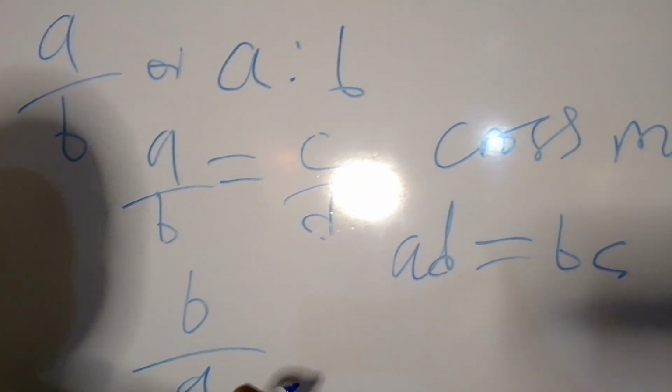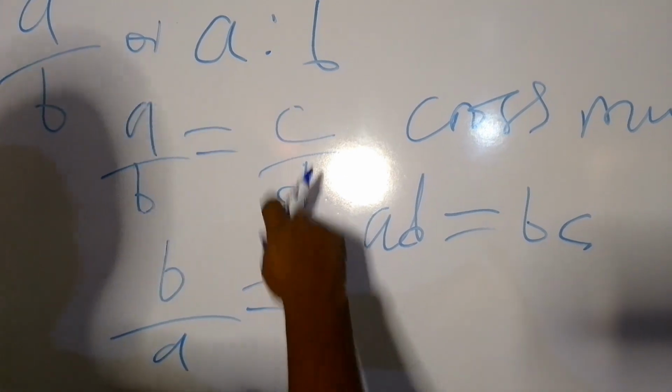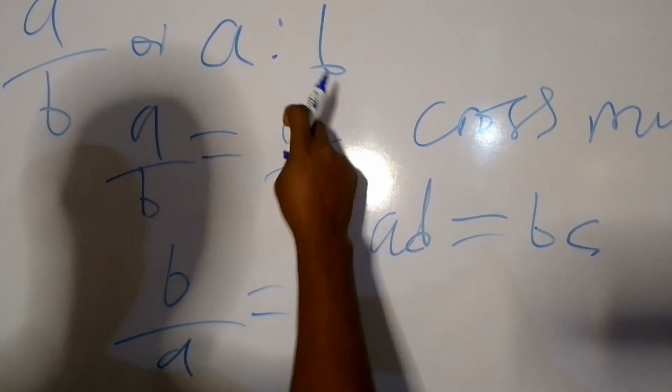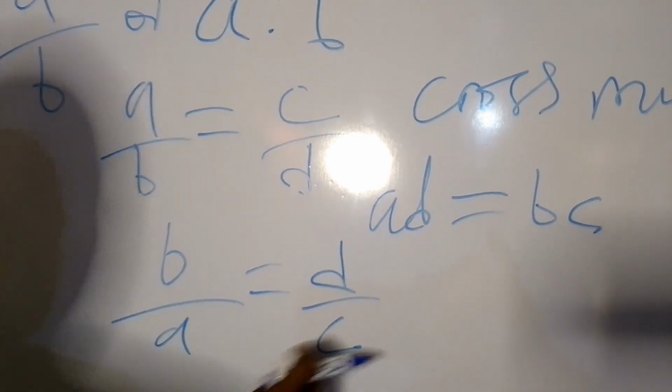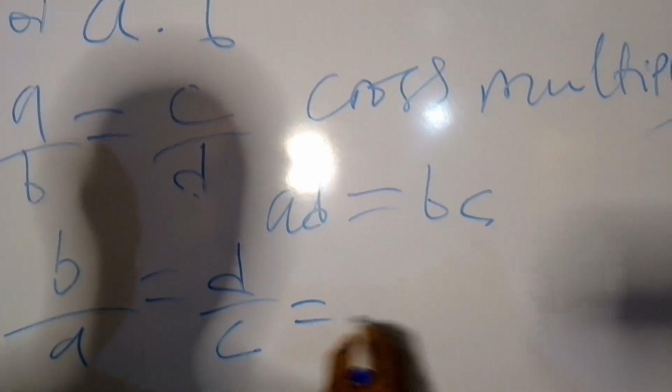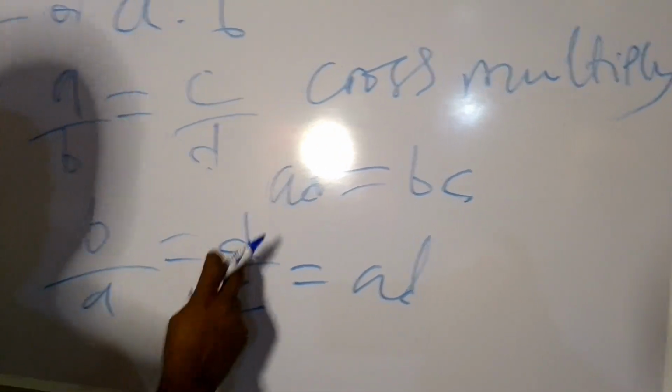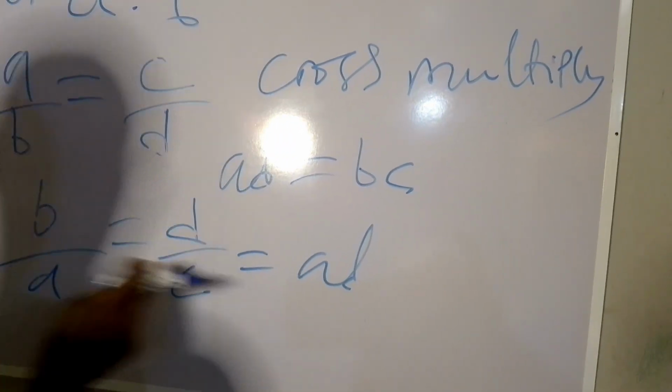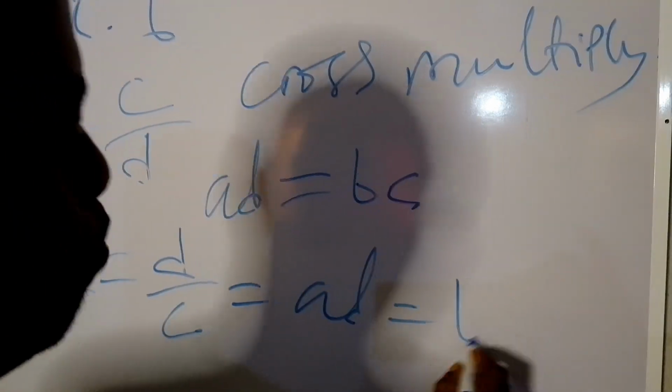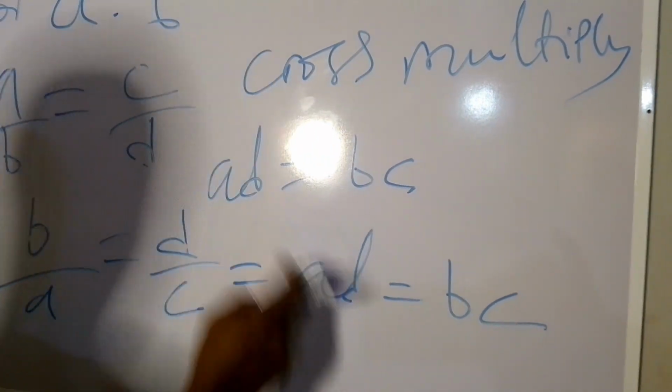You do the same thing to this side. The denominator D goes up, becomes D. The numerator comes out, becomes C. You can also cross multiply. When you cross multiply, this A with this D becomes AD. This B with this C becomes BC. You can see they are equal.